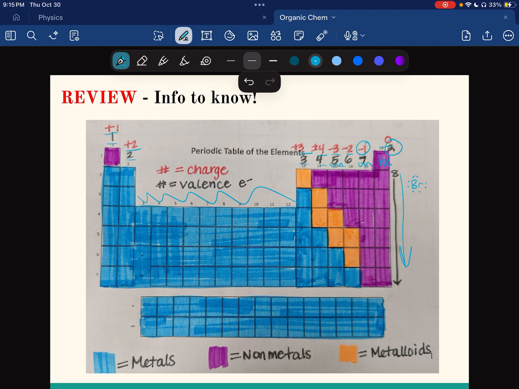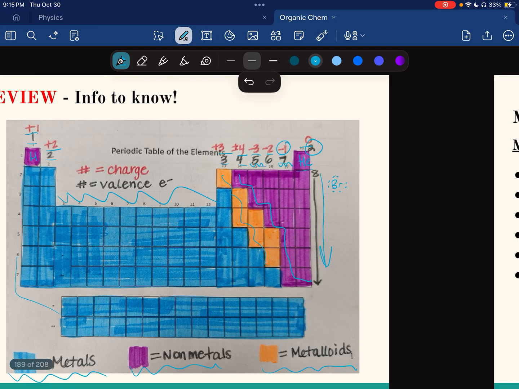And then I don't know if you're going to be tested on this, but these are just the different types of elements that you have. So, nonmetals are going to be hydrogen, and then everything in this kind of staircase, plus helium. Metals in blue, and then metalloids, which are kind of different, in the orange.